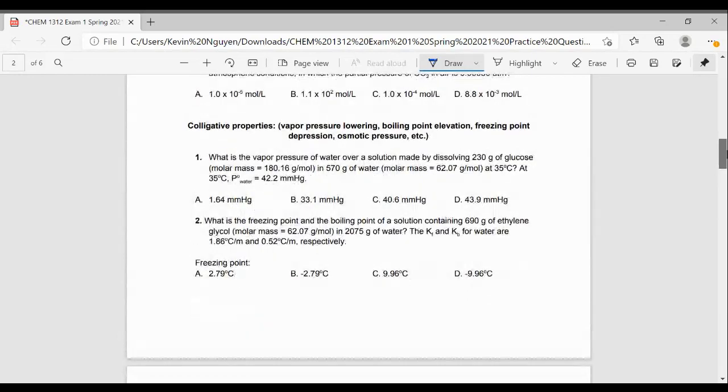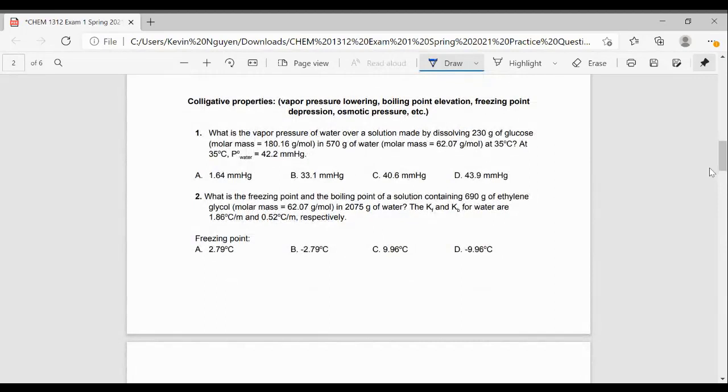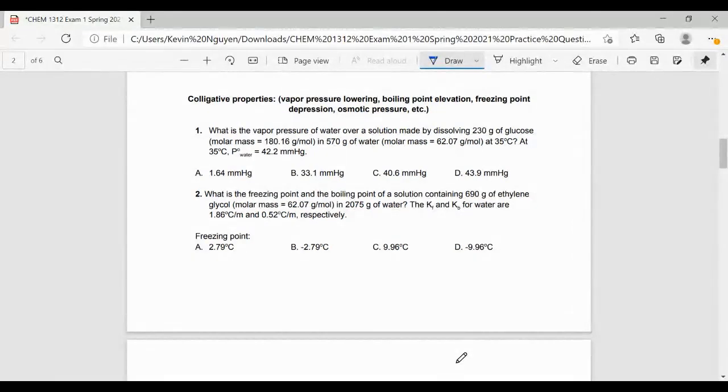Okay, and then next, moving on to colligative properties. The first one asks, what is the vapor pressure of water over a solution made by dissolving 230 grams of glucose, and they give us a molar mass, into 570 grams of water, at 35 degrees Celsius?